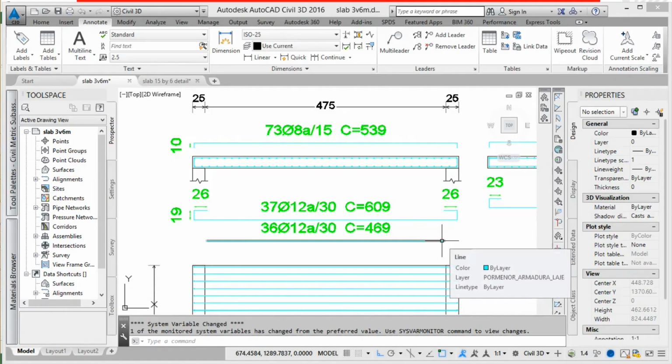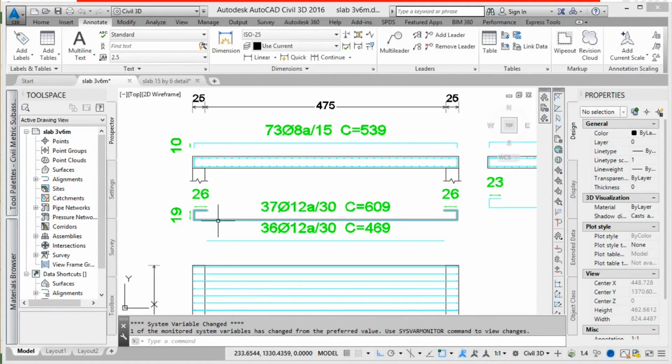One iron rod is placed, and after 15 centimeters another iron rod is placed, because here in the support we only need 50% of the reinforcement.